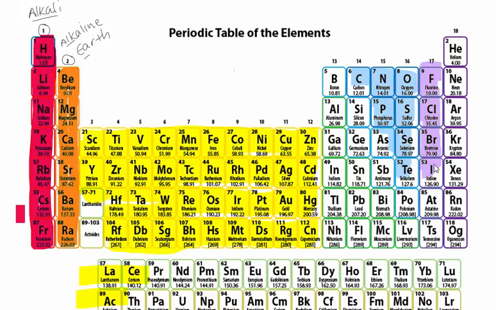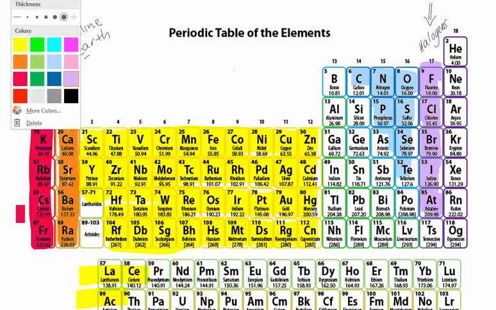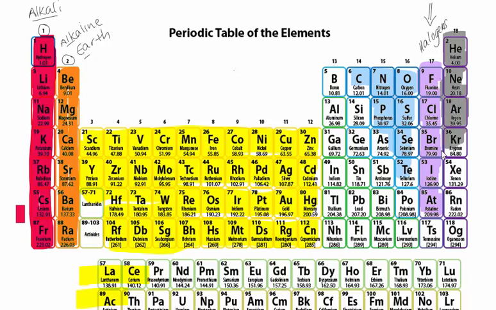In column 17 on this periodic table, these are called our halogens. You may have heard of a halogen light bulb. It's based on some of these elements. And then lastly over here, I'm going to fill these in. These are called our noble gases. Noble gas, and that's in column number 18.